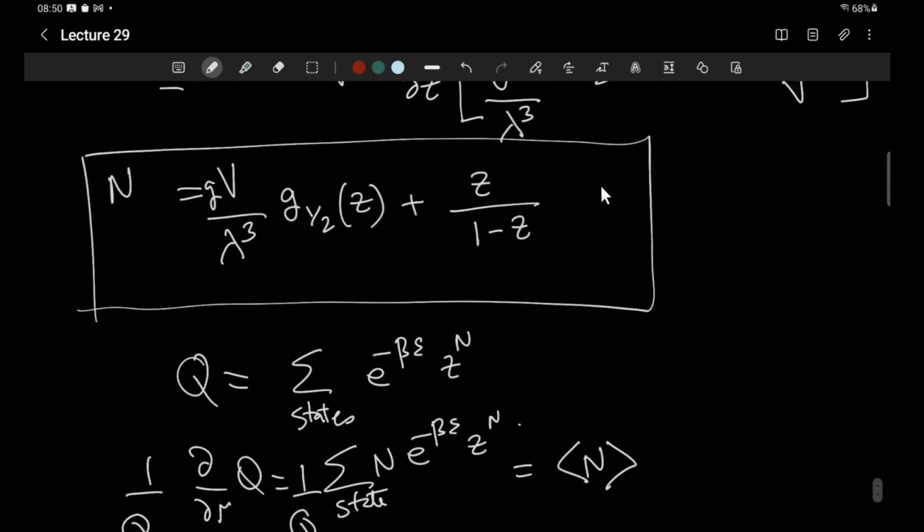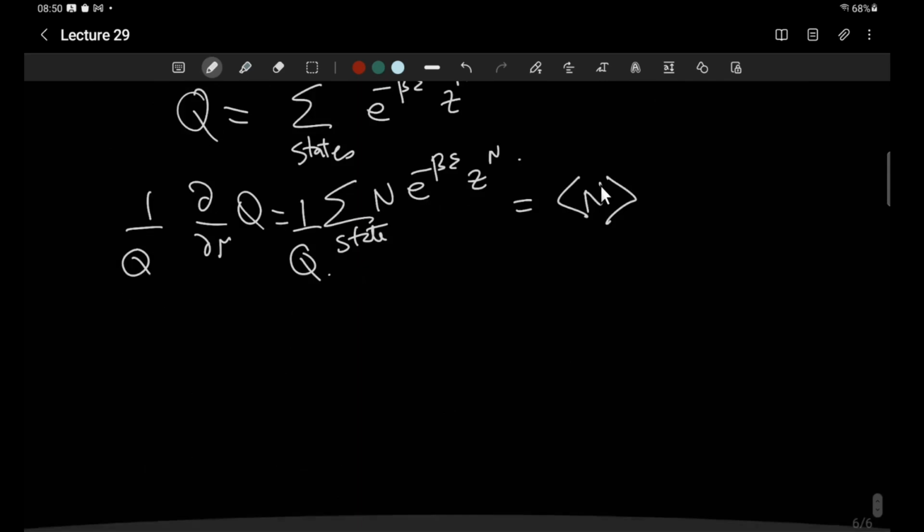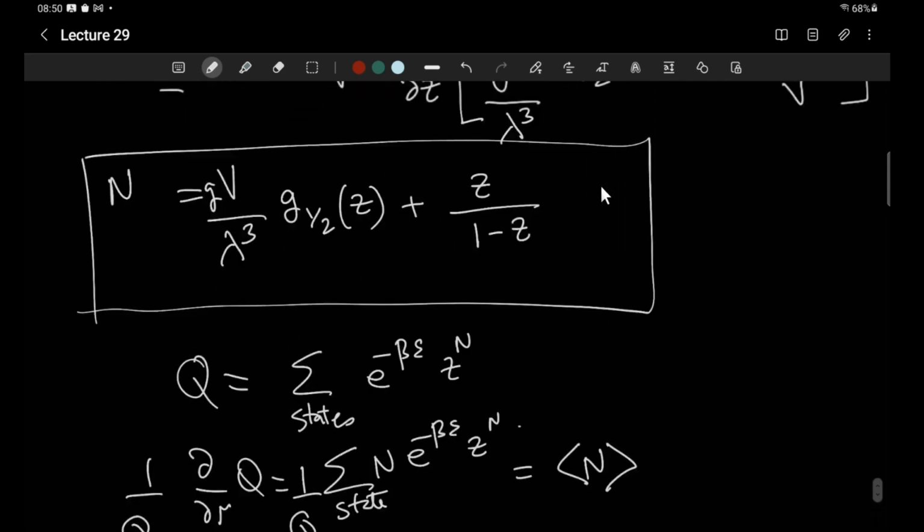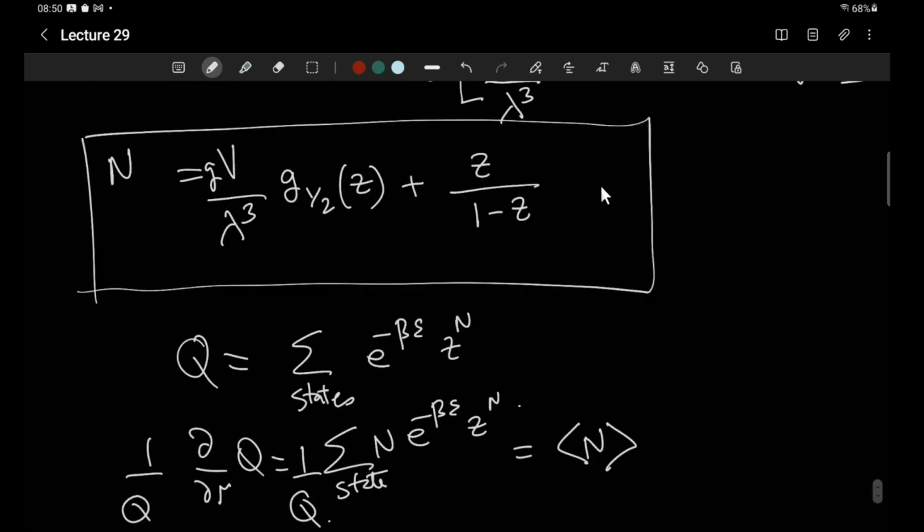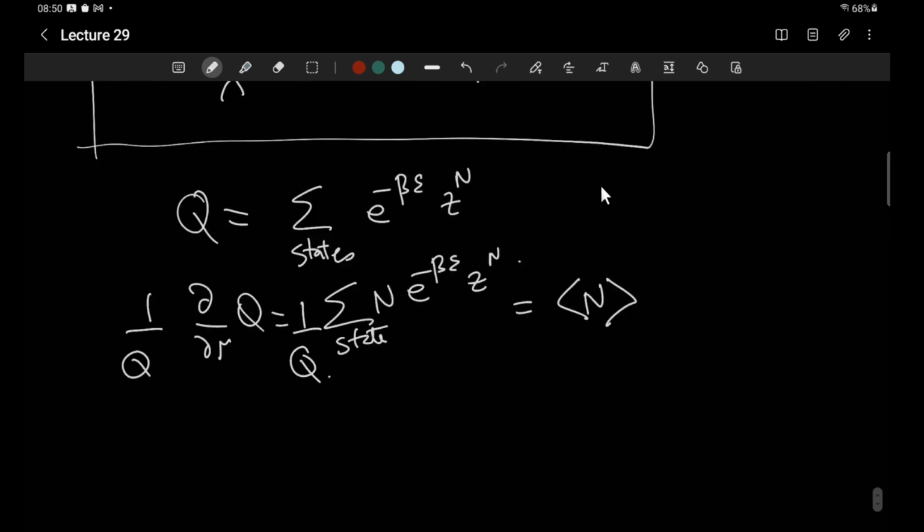So this is what we get, and this formula is important.